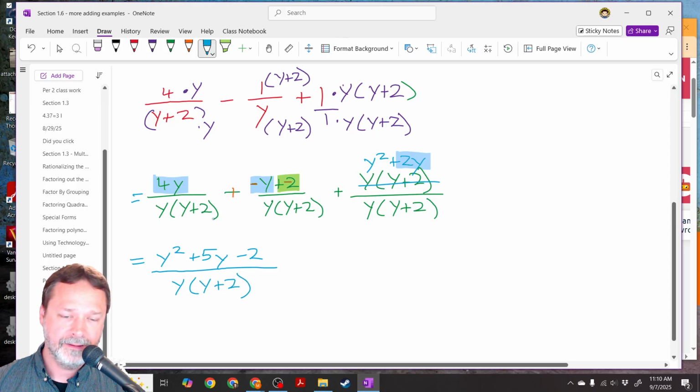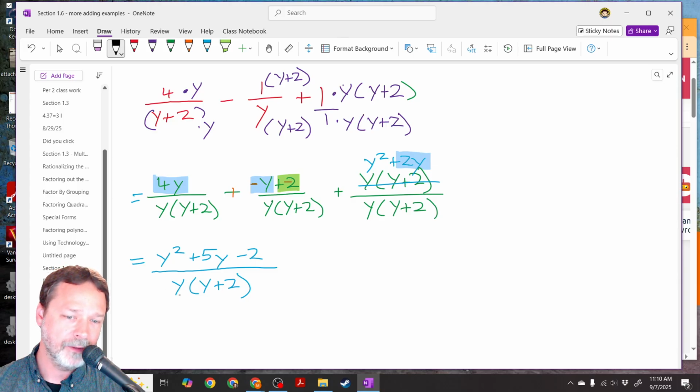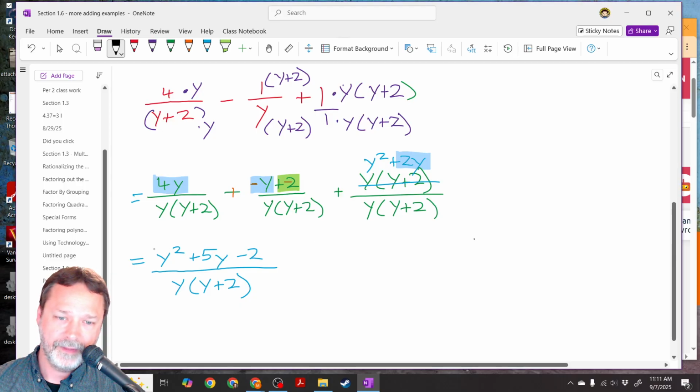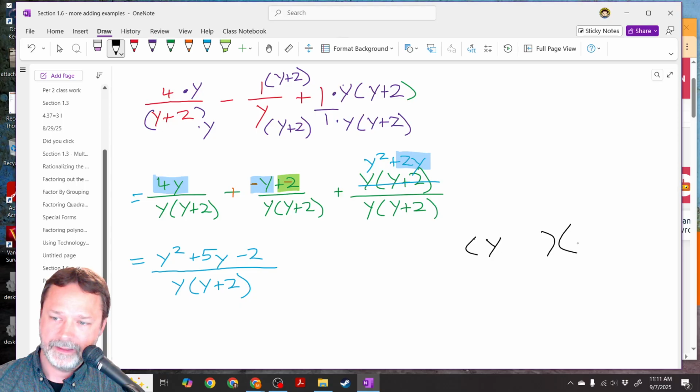Now we just want to see, can we simplify this? Our first section in these rational expressions was simplifying. Can I factor the numerator and cancel out something? So is y plus 2 a factor? I know y isn't, but is y plus 2 a factor of this? Let's double check. If we had y squared plus 5y minus 2, our only chance is if it's a y and a y, and then the 2 would have to be a 1 and a 2.